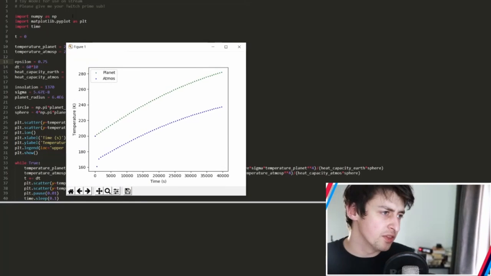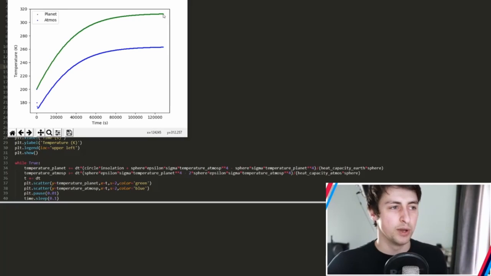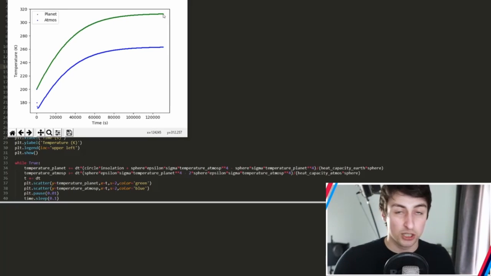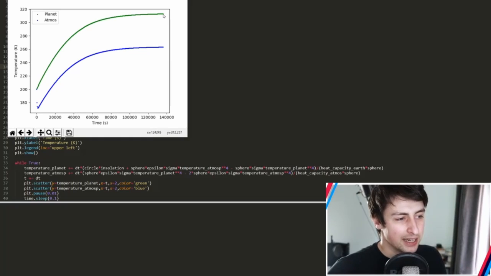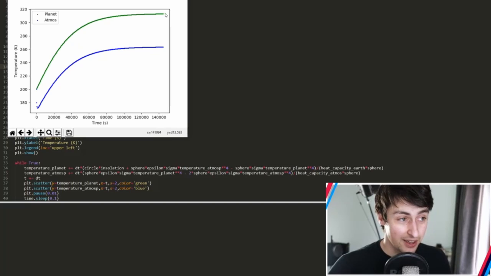So I think before the planet was at about 290 and the atmosphere was about 245. So what we have here then is, as I said, we made the atmosphere much better at absorbing the radiation that's coming up from underneath. And so the planet is now 40 degrees Celsius on average. And the atmosphere is about minus 10 Celsius.